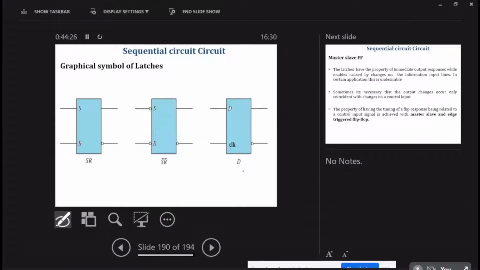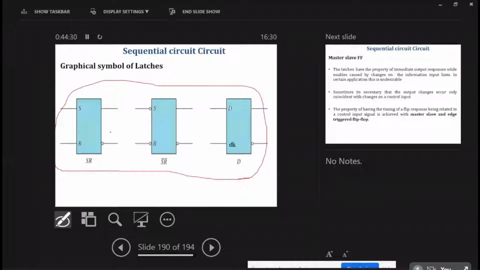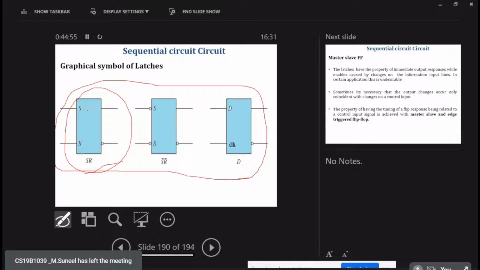Here is how we can represent the different latches. These are the graphical, symbolic representations of the different latches. Whenever you see these kinds of symbols, you can visualize what is inside these blocks. This block is either a combination of NAND or NOR gates.